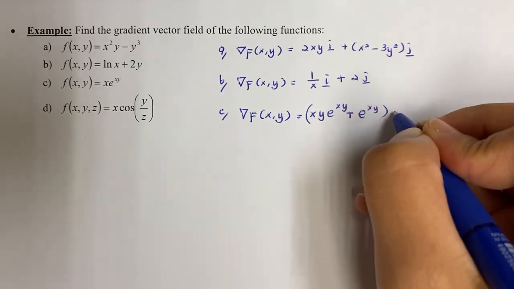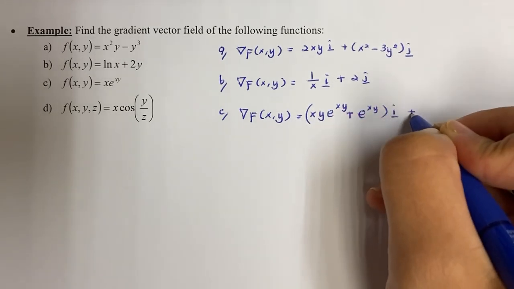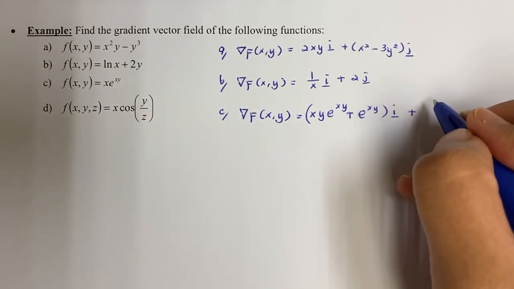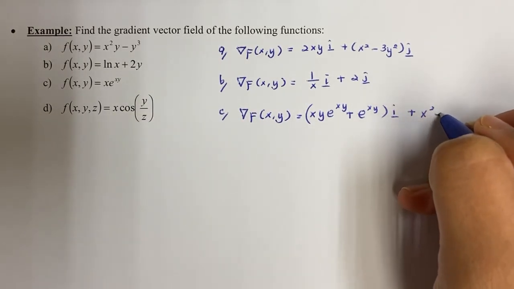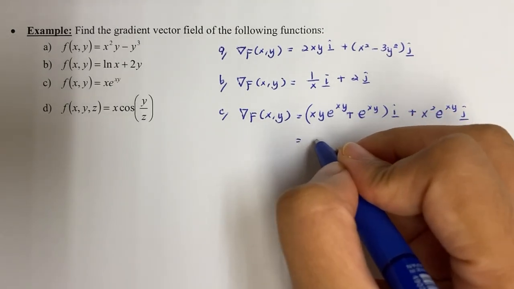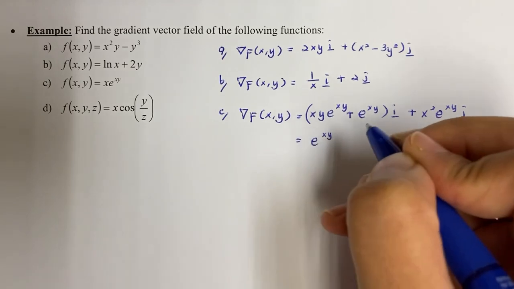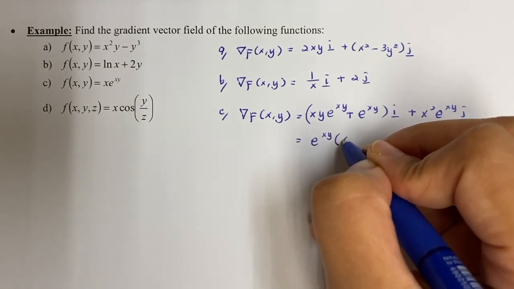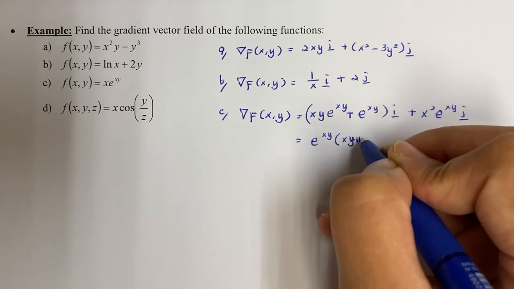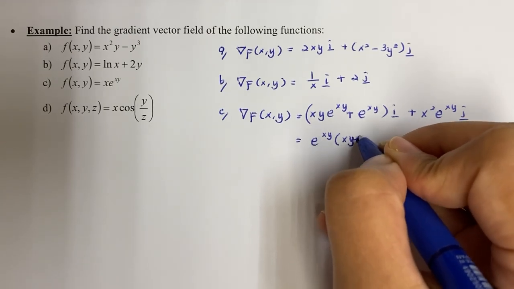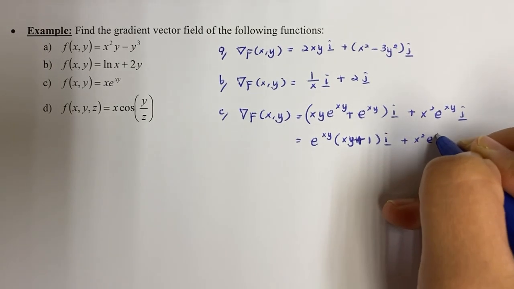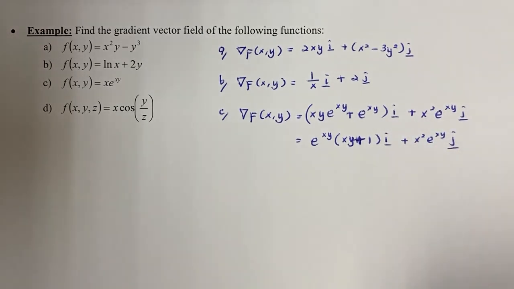This is for i, plus differentiate with respect to y for j. So for j, I have x squared e^(xy) j. This can be simplified and written as e^(xy)(xy plus 1) i plus x squared e^(xy) j.